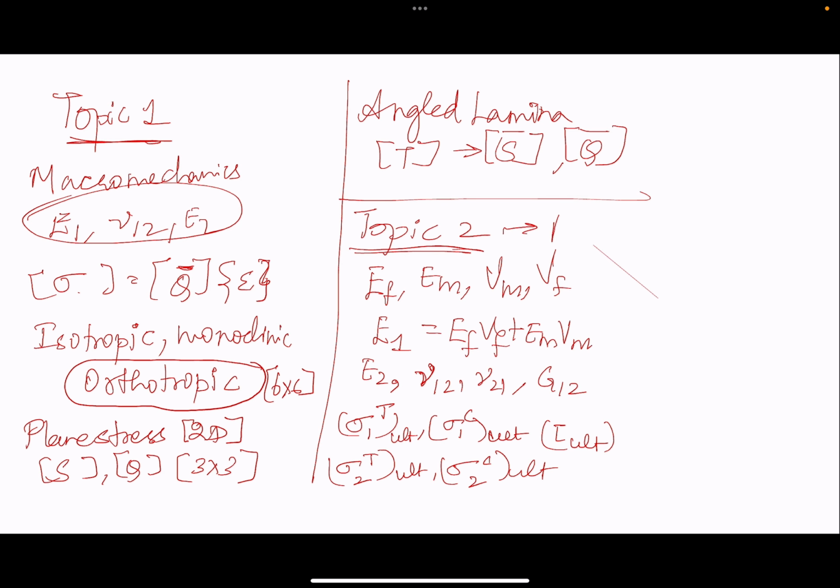So last part, topic 2, was called micromechanics because you used the constituent properties to calculate your lamina properties. And so we said, okay, so what happens if you combine them? What happens when you have a laminate? So that's when we have been saying, okay, how to calculate if you have loads, N's, and moments, M's, then how do you get to stresses and strains, right?